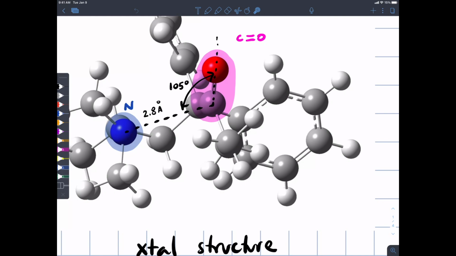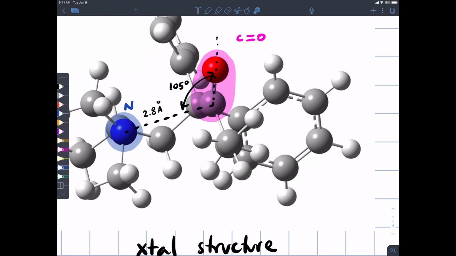There's not a bond and that carbon's still sp2 hybridized, though you could go in and measure the bond angles, and there's probably a little bit of pyramidalization of that carbon. It's probably not completely flat.